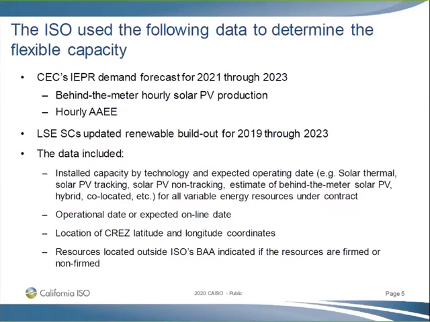Then we do submit in December each year to the load serving entities their renewable build-out, including rooftop PV capacity. So the data that we get back, we look at the installed capacity by technology, and we look back 1 year. So we ask load serving entities to tell us what they have existing, like in this case, what was existing in 2019 by month.